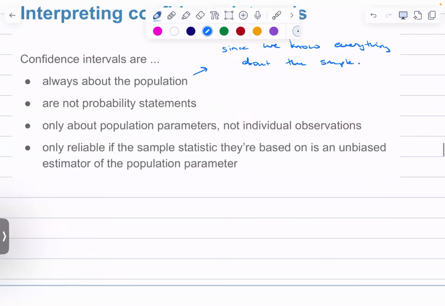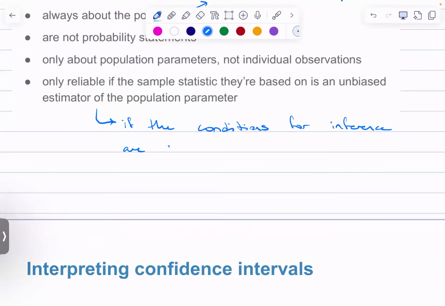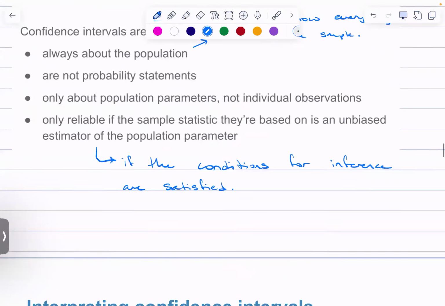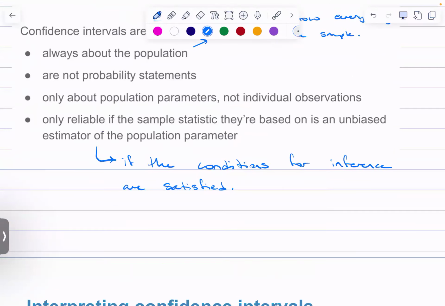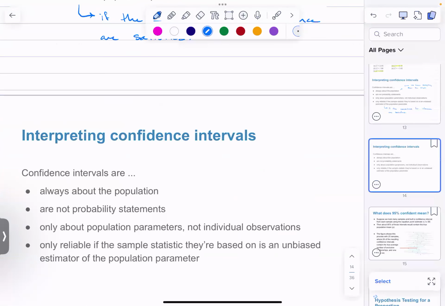What this is really saying is if the conditions for inference are satisfied. So that's why we have to check the conditions. I'll delete this one too.